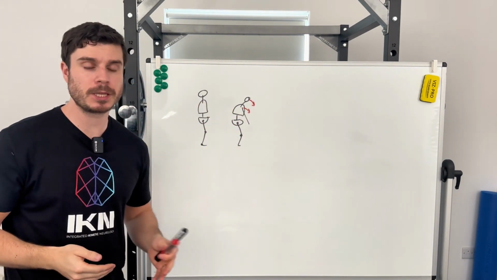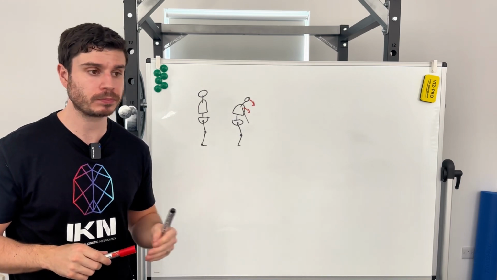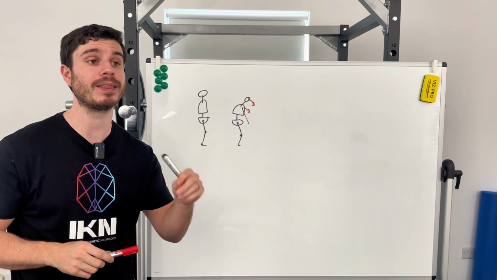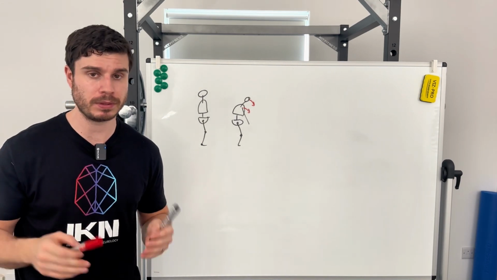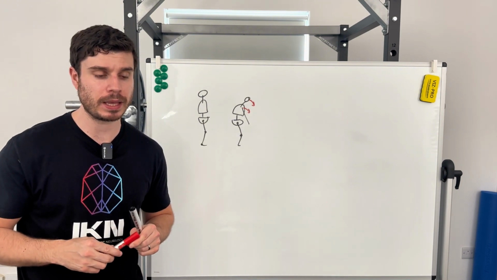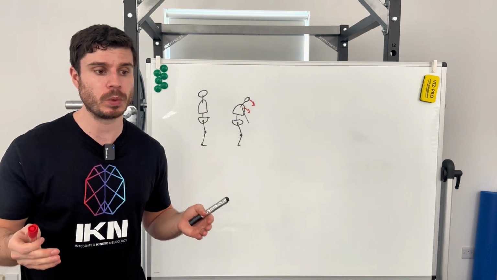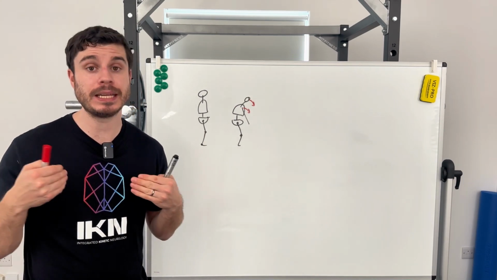So when we talk about rotation of segments, very often we think about joint rotation as something that's occurring in the transverse plane. But when you look at things from a segmental standpoint, this is based on the biomechanical studies or the field of biomechanics, which looks at the difference between angular motion and then linear motion.